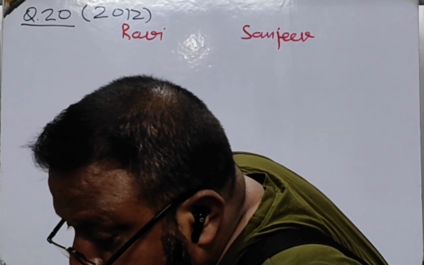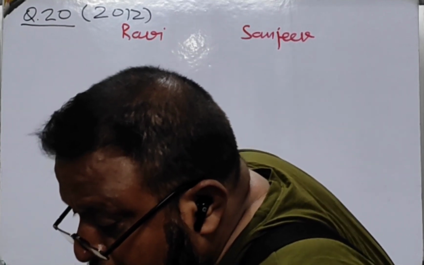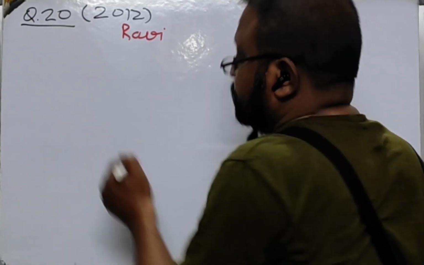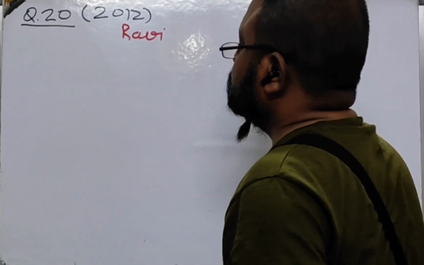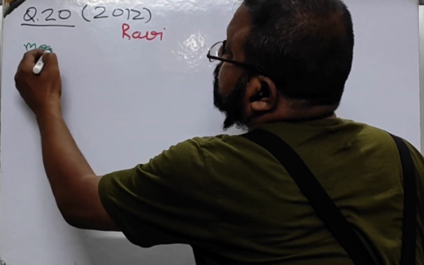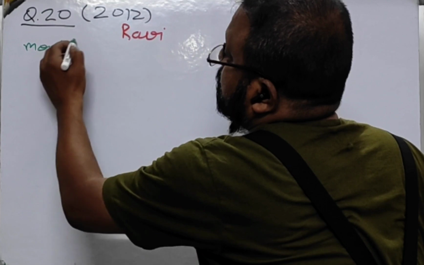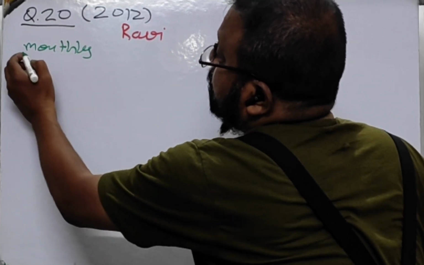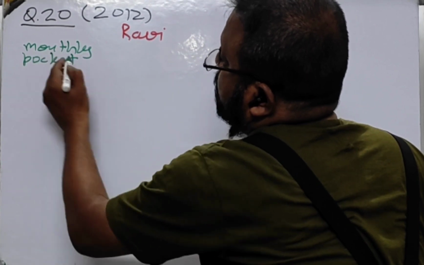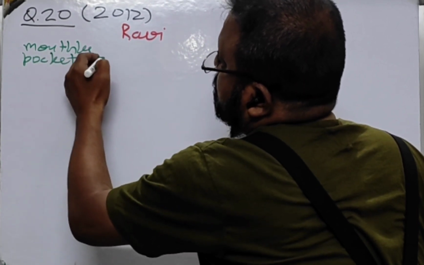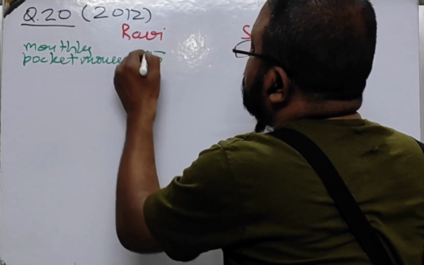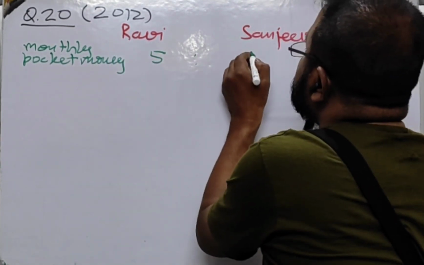Their monthly pocket money is in the ratio 5:7.